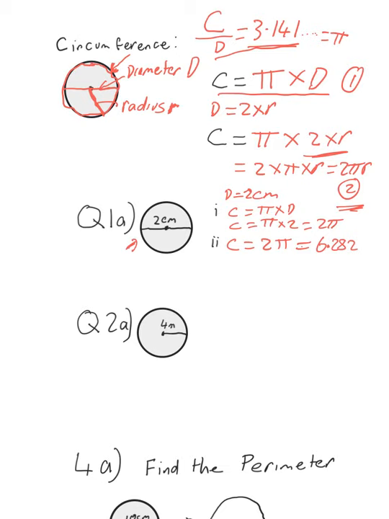Let's look at question 2. This time we've been given the radius, r equals 4 metres.